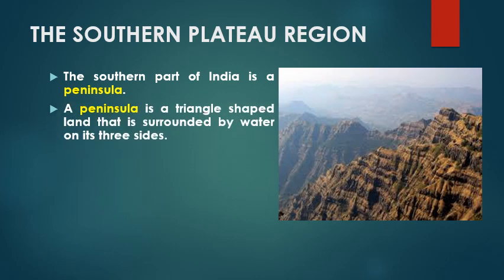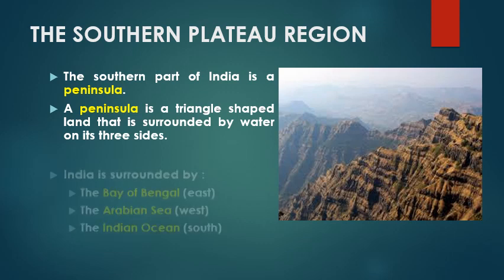And what is a peninsula? A peninsula is a triangle shaped land that is surrounded by water on its three sides. So remember that bottom part of our country is like a triangle. So that is called a peninsula, and it is covered with water from three sides.